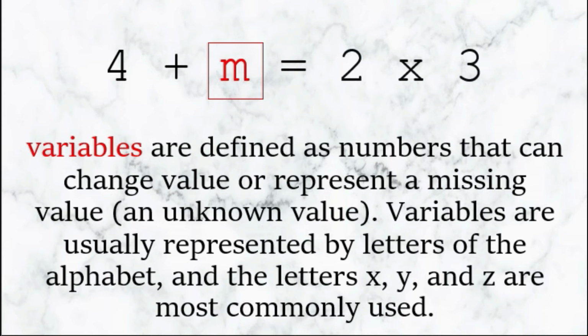Now we have a real basic algebra equation, and the goal is to solve for the variable m. That means to find the value of m in the equation. An algebra equation would be given as 4 plus m is equal to 2 times 3. Now, we are asked to solve for the letter m or unknown m.